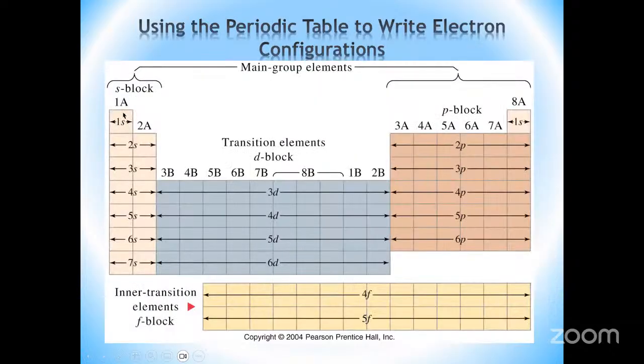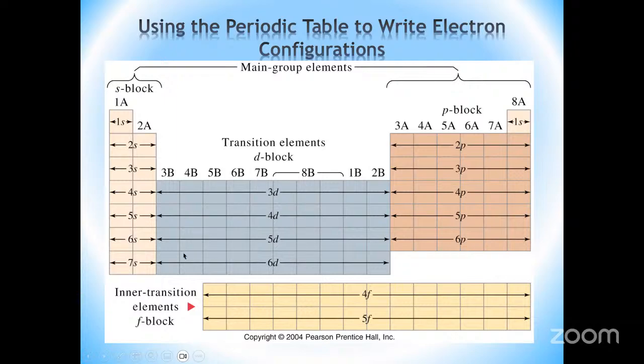So the elements in the main group region, as I said before, electrons are added to an s orbital or p orbital. And more specifically, if you have electrons being added to an s orbital as you go from one element to the next, then those elements are said to belong to the s block elements, which are basically elements in groups 1A and 2A, right? Over here, where you have electrons being added to p orbitals of the valence shell, the elements in that region of the periodic table are said to be p block elements.